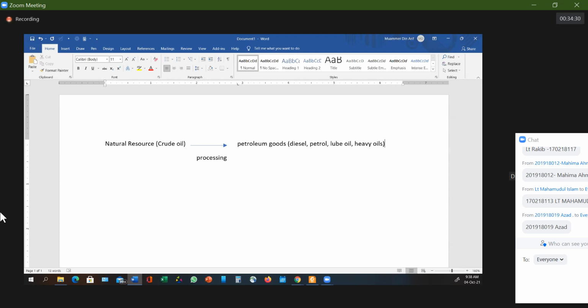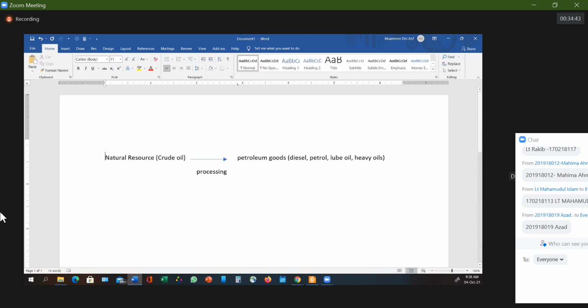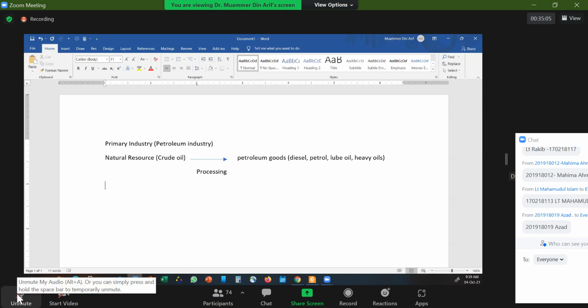This sort, and many more, at a fractionating column of the refinery. So this whole process is one industry there. We can call it the first step. So let's call this the primary industry. And this one will basically be your petroleum industry, right? There are many steps inside this, it is written in simple language, but here we understand that there are many steps.